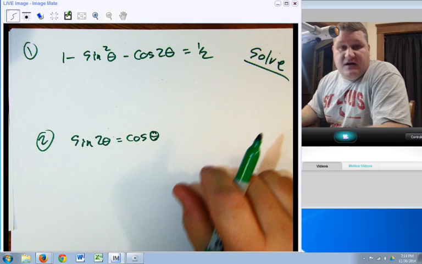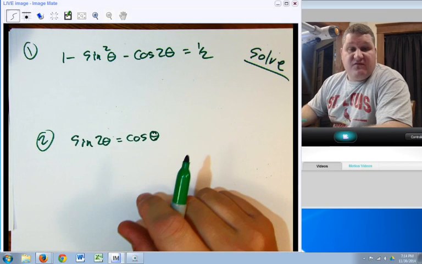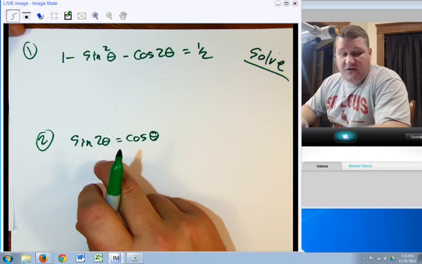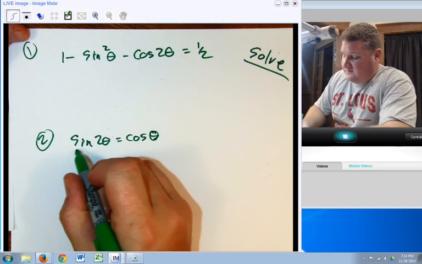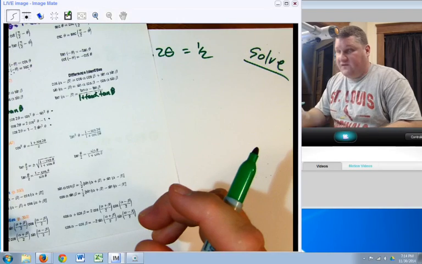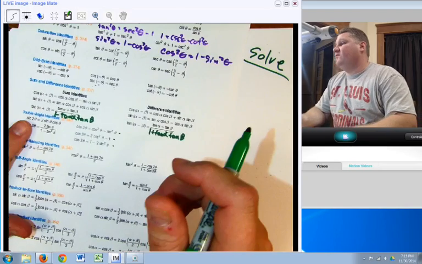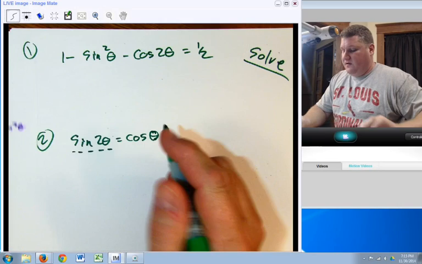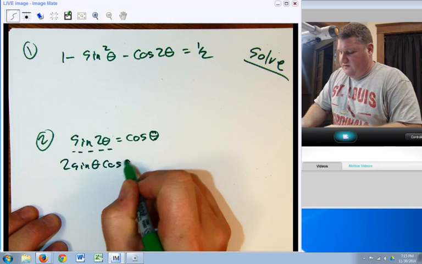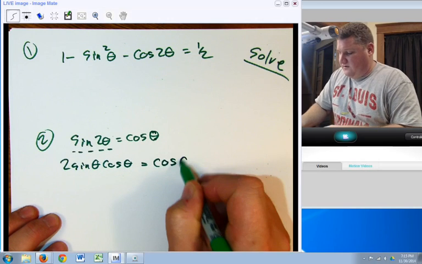Okay, here's some of those simplify, verify, or solve problems. In this case, we're going to do some solve problems. And I'm actually going to start right down here first because sine 2 theta is a little easier. There's only one formula for sine 2 theta, and you're going to see it over and over again. So I'm going to say 2 sine theta cosine theta equals cosine theta.